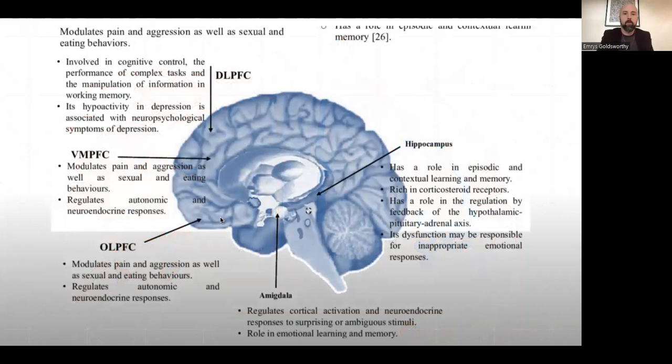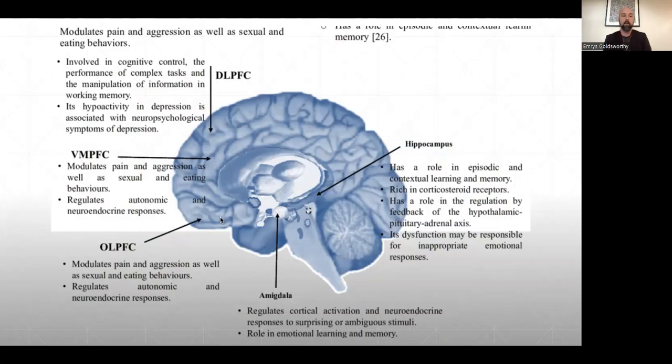So when you're dealing with depression, you're going to need to be affecting different brain regions. But the key area of concern is the DLPFC, the dorsolateral prefrontal cortex. That area is hypofunctioning, hypoactive in depression. And it's highly associated.